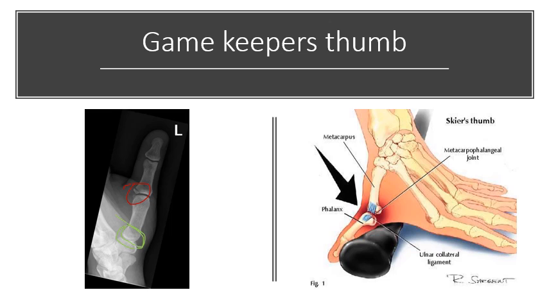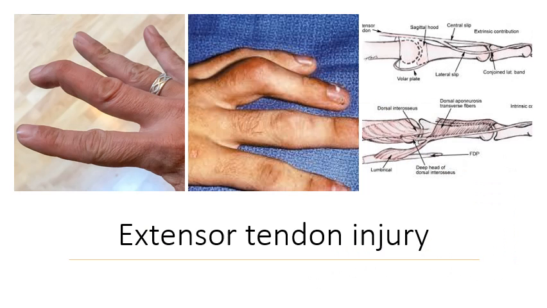Please don't get confused. This gamekeeper's thumb is because of damage to your ulnar collateral ligament, which is present here. Whenever there is damage to the ulnar collateral ligament, there can be an avulsion fracture. Okay.